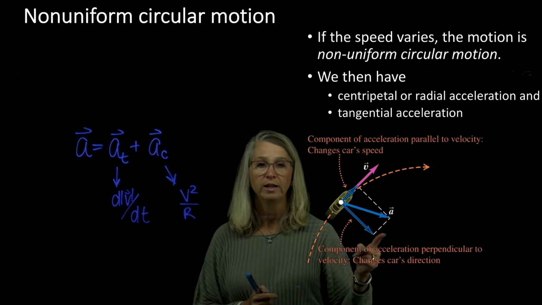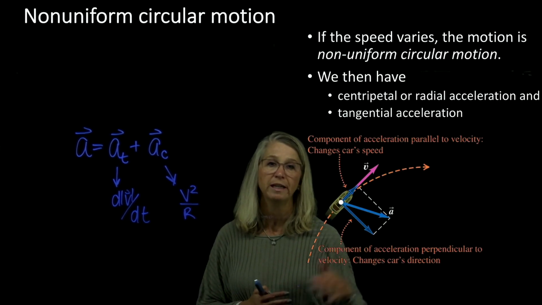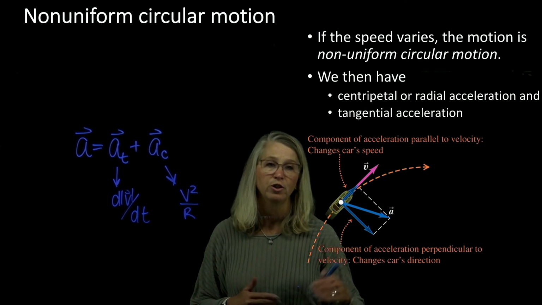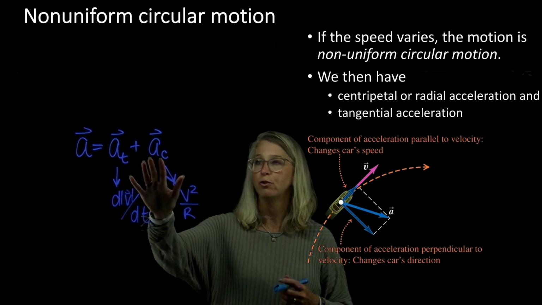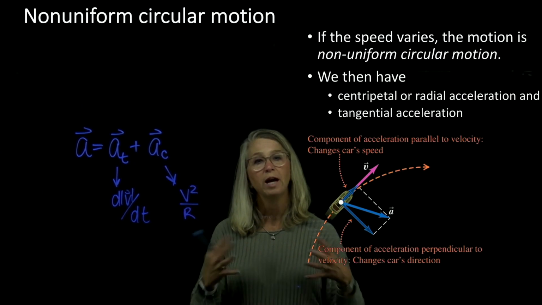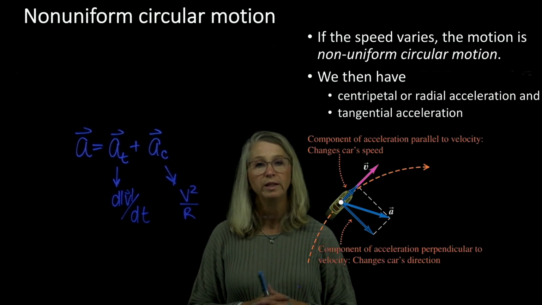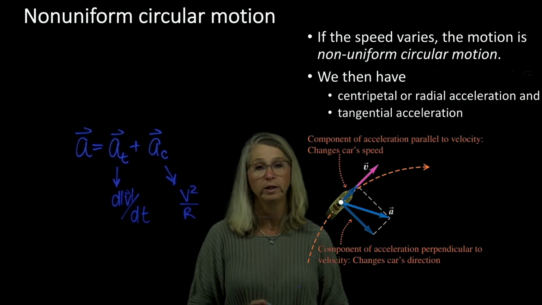And so we end up with an acceleration that isn't perfectly towards the center of the circle, but at an angle. And how much that angle is will depend on what the relative strengths of these two accelerations are. And so that covers what we need to know about circular motion, both when it's uniform and when it's non-uniform.